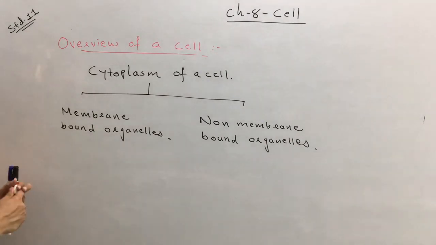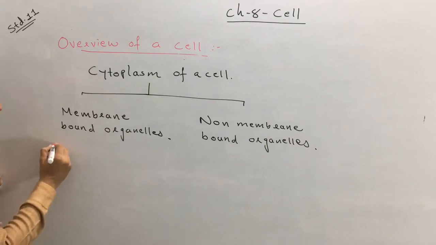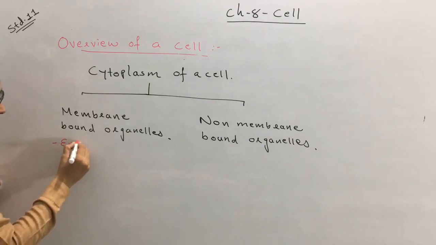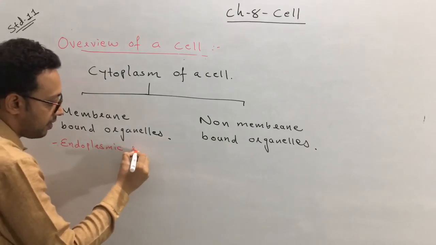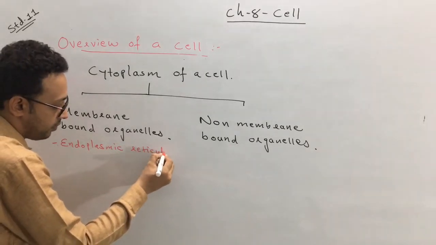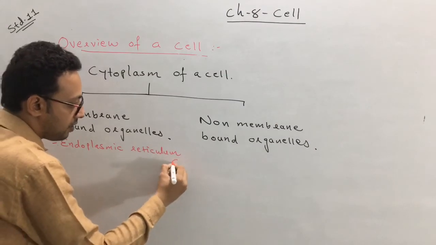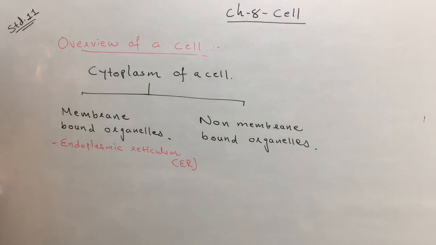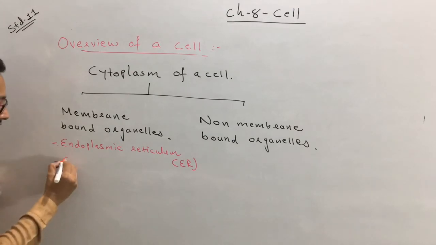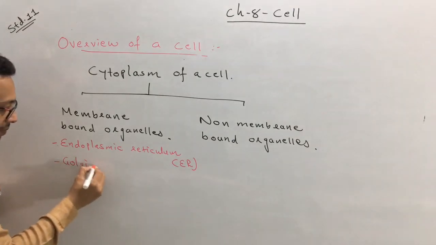The membrane bound organelles are, first, endoplasmic reticulum, shortly called ER. This is a membrane bound organelle. Second one is Golgi apparatus.